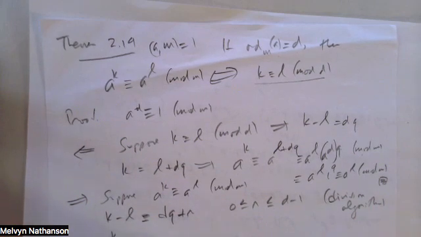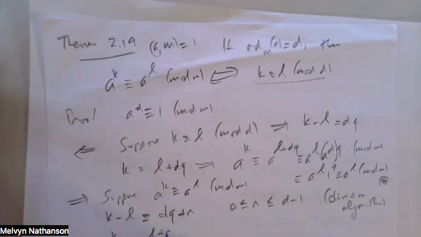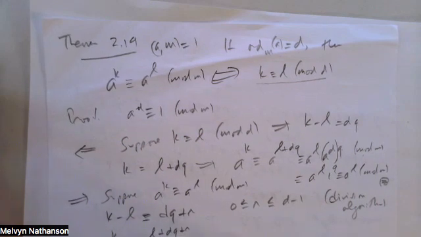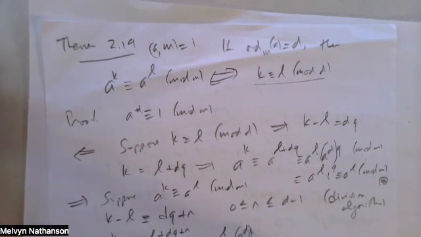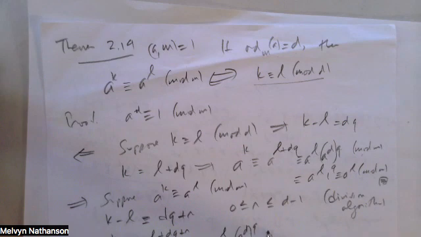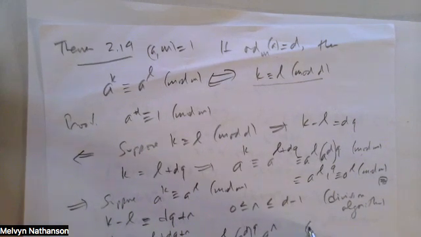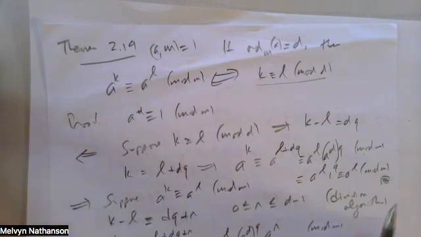So a to the k, bringing the l to the other side, is a to the l plus dq plus r. Which is the same as a to the l, a to the dq, which is a to the d to the q, times a to the r mod m.